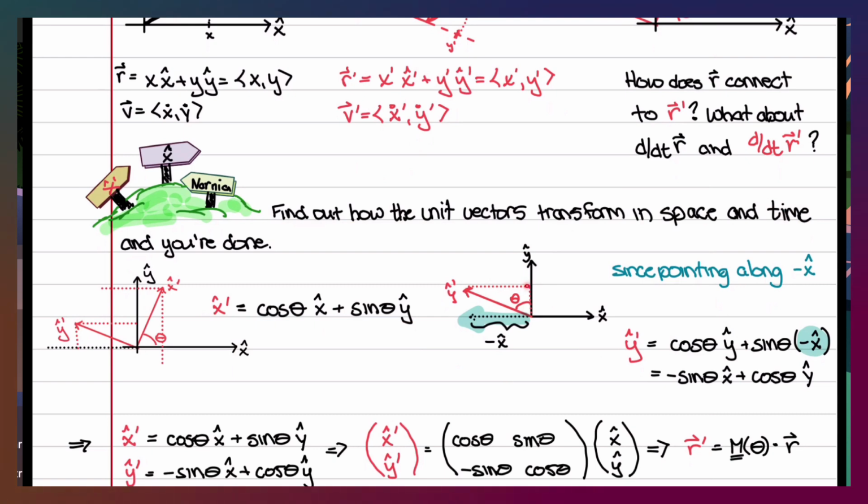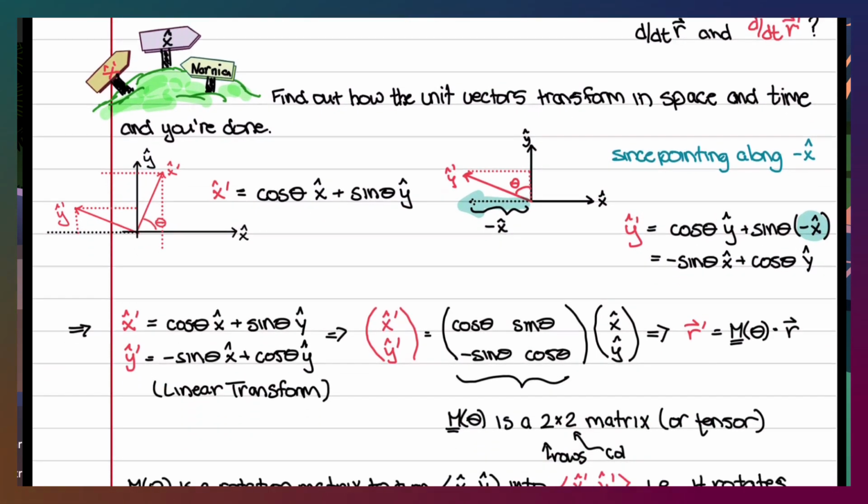But since it ultimately is pointing in the negative x hat direction, I write cosine times y hat plus sine times negative x hat. So ultimately I get this as my decomposition of y prime into some component along the x direction, which is negative since it's pointing this way, and then some component in the y direction.